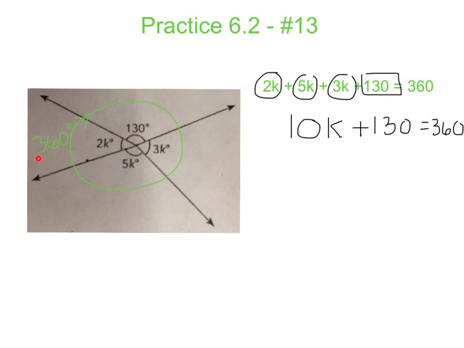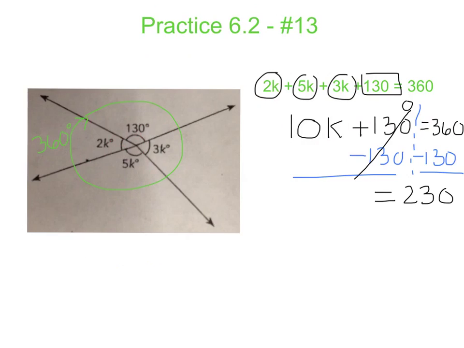Algebraically, we would show that by subtracting 130 on both sides, the left side and the right side. 130 minus 130 leaves me with 0, and 360 minus 130 gives me 230. So I know that 10k is equal to 230.